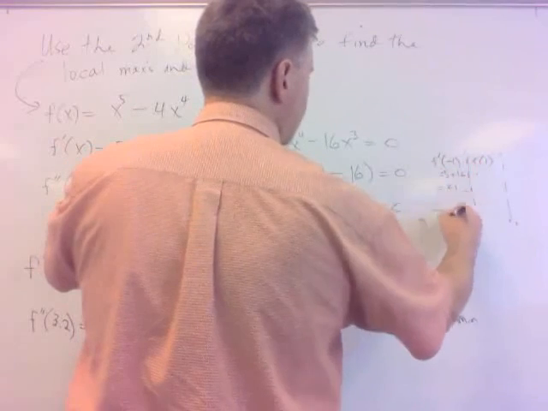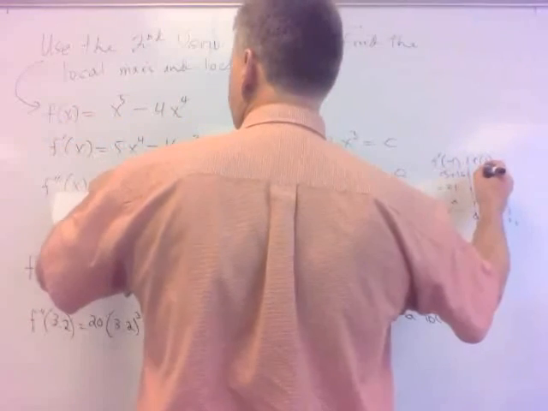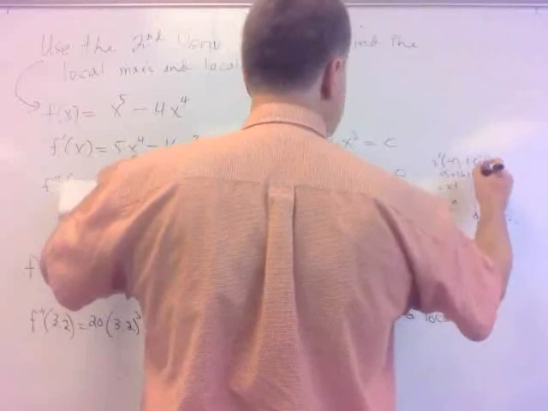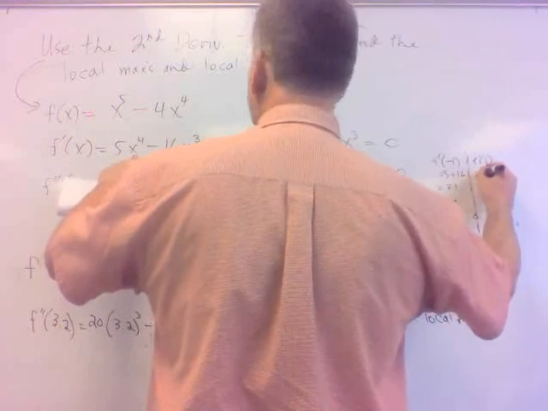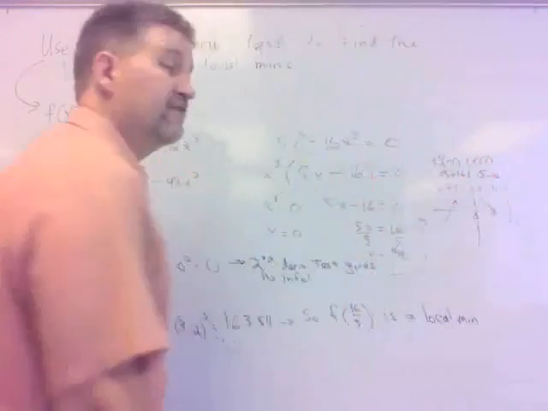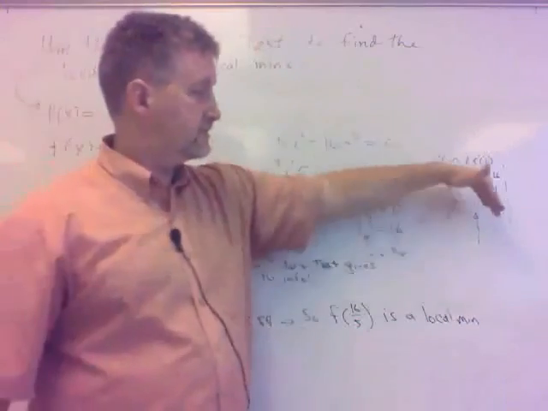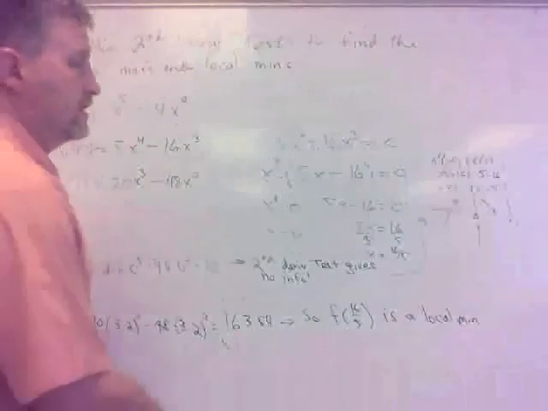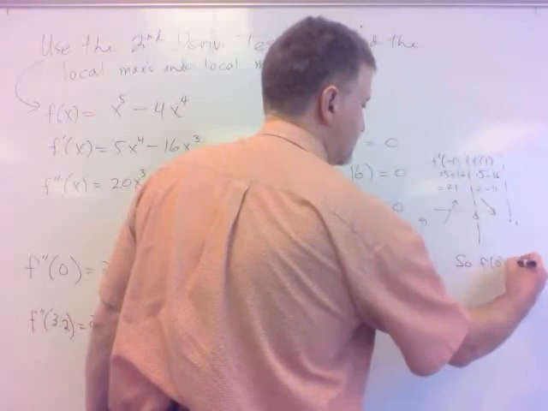That's positive 21, so that's increasing on that side. F prime of 1 would be 5 minus 16, that's negative 11. So that's decreasing. So I do have a maximum there, don't I? Increasing to decreasing, so that's a max. So f of 0 by the first derivative test is a local max.